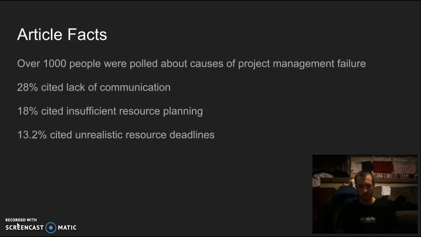And two, it's not just the fact that these three criteria are there, but also that they overlap on one another. So if you have communication breakdown, it can lead to things like an unrealistic resource deadline, which in turn could cause insufficient resource planning. And then that sort of train wreck can really risk killing the project if things aren't taken into account effectively.